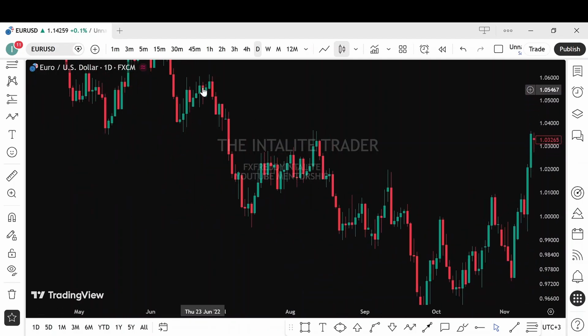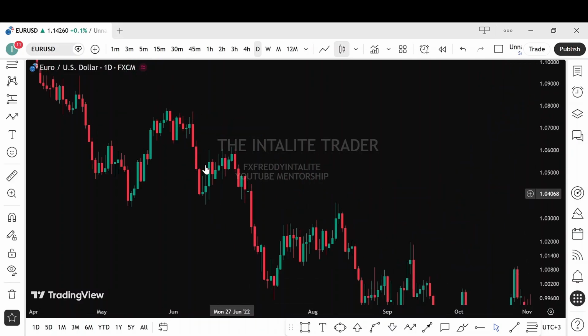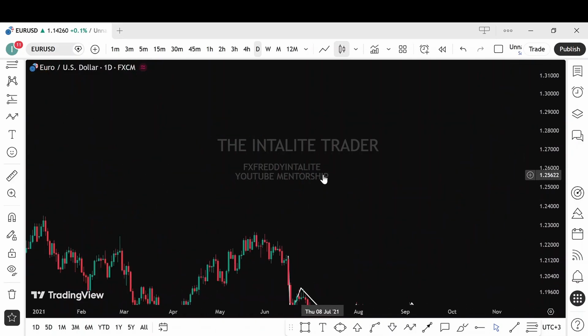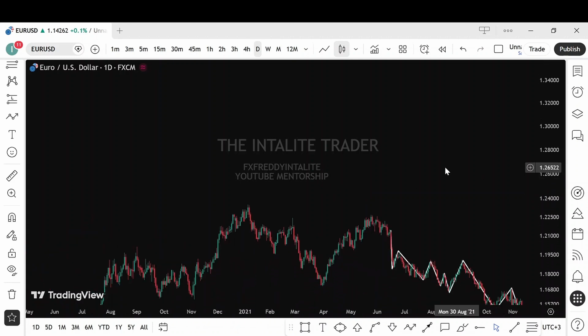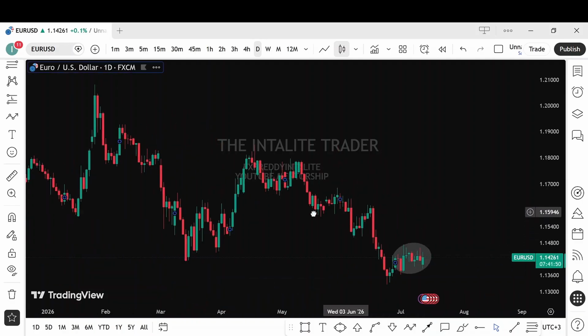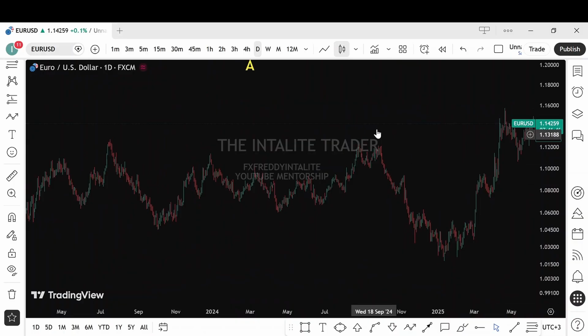This is an impulsive move, and this pullback is a deep pullback. You've seen it. It's just that you took me far when I've not yet reached that level of showing you. Sorry.